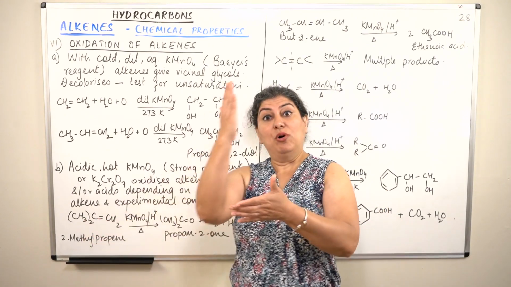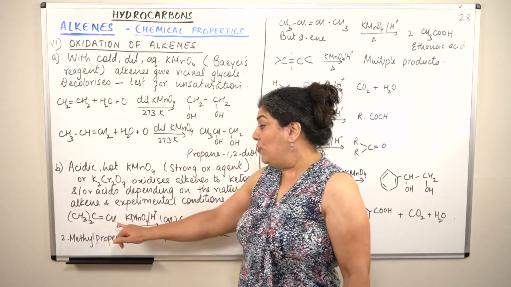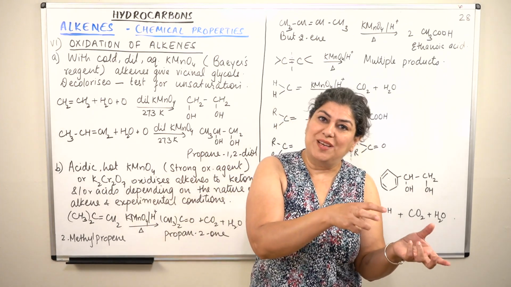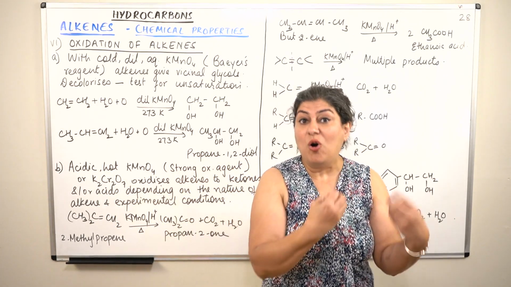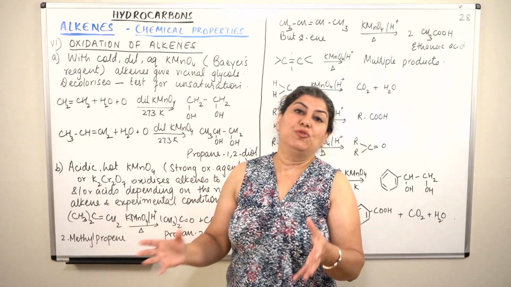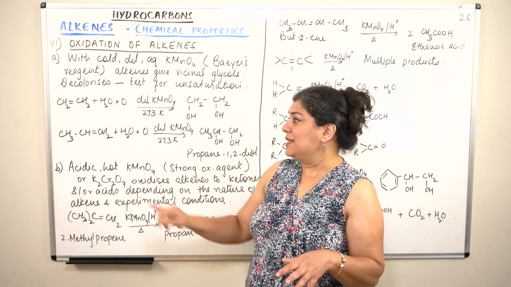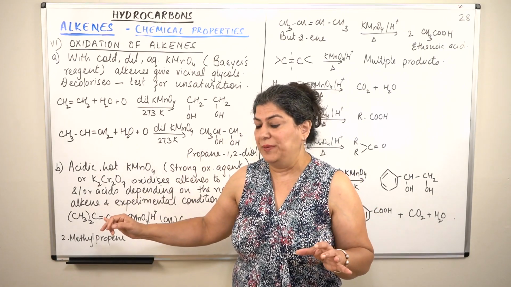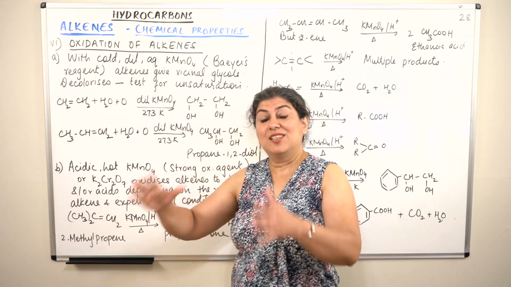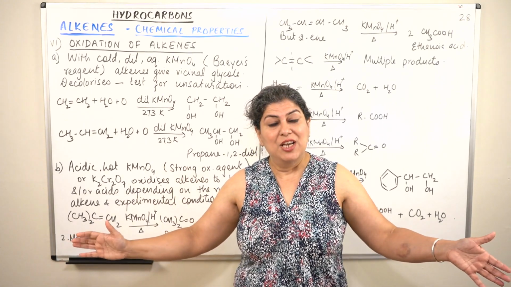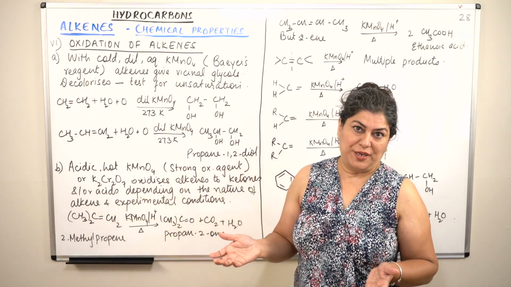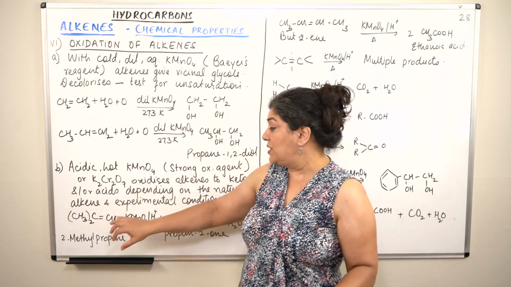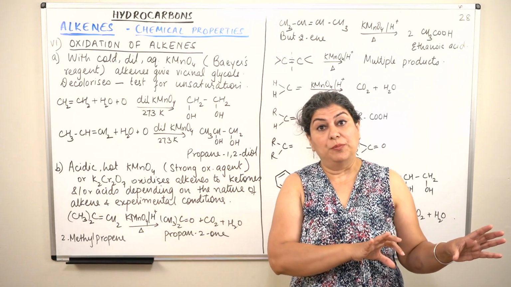Here also, both the bonds are broken, and therefore both the carbons are now in need to attach with something, to add on something, to get oxidized in order to give you the products. But here we got one product because the molecule had not broken. While here, since the molecule itself breaks, you get more than one product. One half will give you one product, and the other half will give you other products.